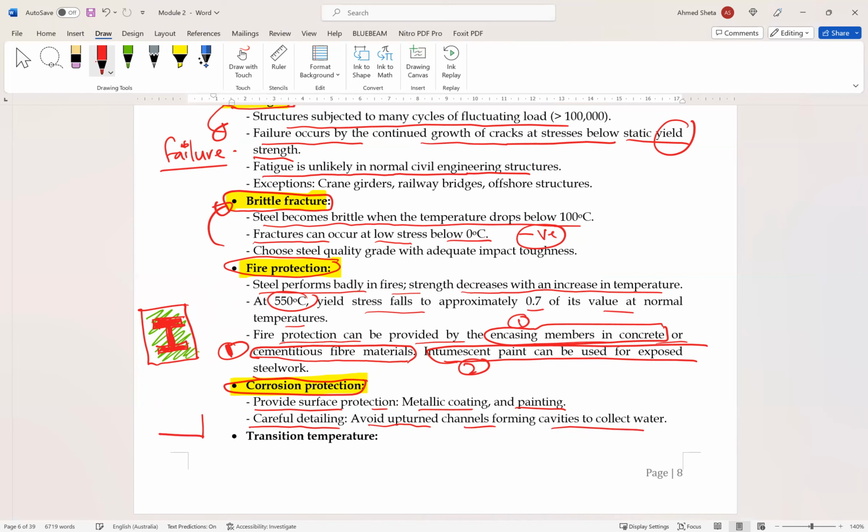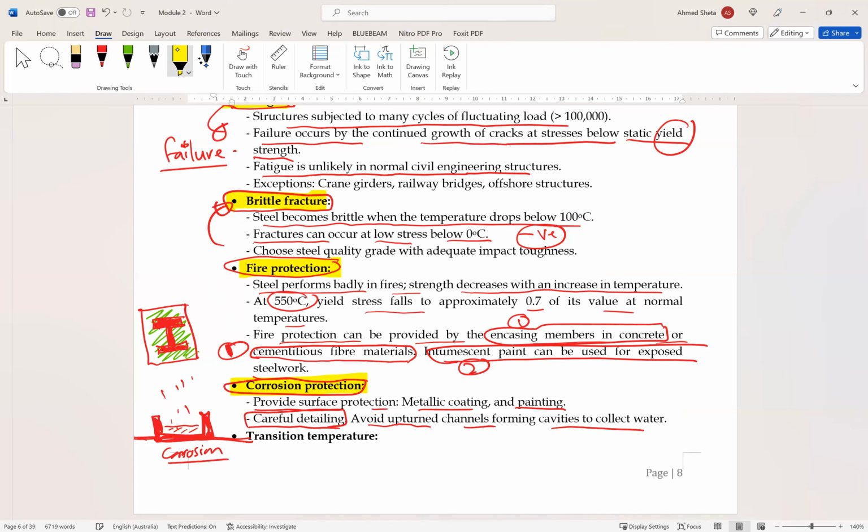Like don't put a structure like this, like a C channel, if this is the roof or something. If the water comes here, the water will stay here and cause corrosion. So careful detailing will also help to avoid corrosion.